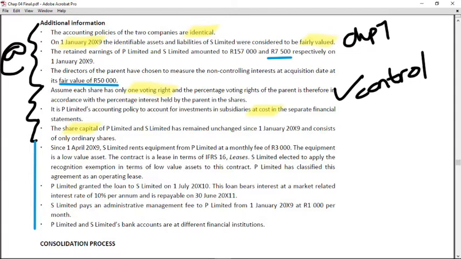Now the rest of the bullets down here all look at additional information for the intra-group transactions. Since 1 April 20X9, that happened in the previous reporting period, S Limited rents equipment from P Limited at a monthly fee of 3,000 Rand. And the rest of the information just tells you that it was recognized as an income and expense by the two companies. Now, this transaction was entered into in the prior year.